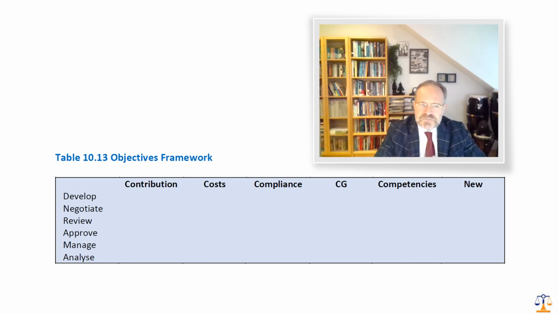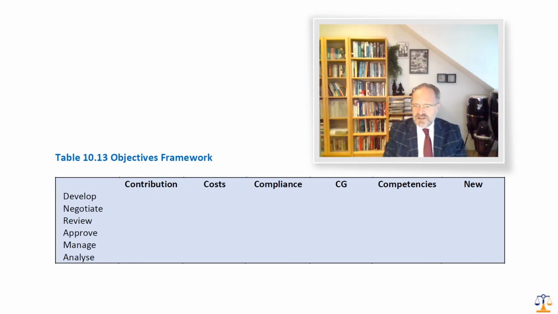Here we have one which is based on the vertical line on tasks which you could ask legal to do, like developing new templates, like negotiating better contracts with the law firm, like reviewing patents, like approving advertising material, like managing the competencies of the legal department, like analyzing what regulations are appearing with respect to platforms, cybersecurity.